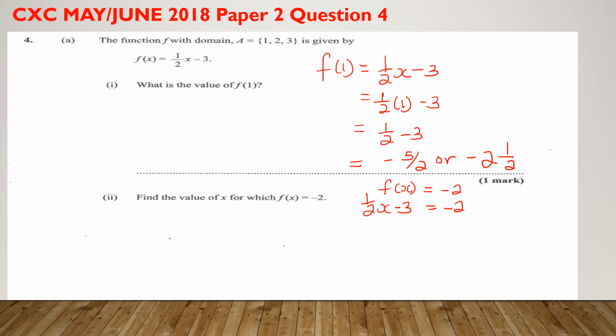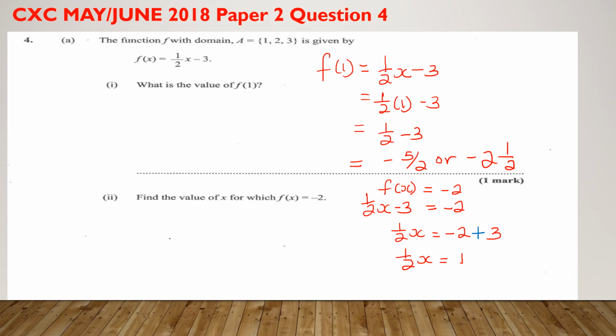We're going to keep the half x on the left hand side, leave this negative 2, and move this minus 3 and carry it over to the other side, which is going to give us a plus. Let's put in a different color, a plus 3. So that's a half x is equal to positive 1.